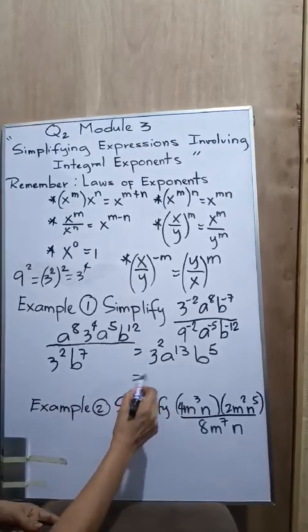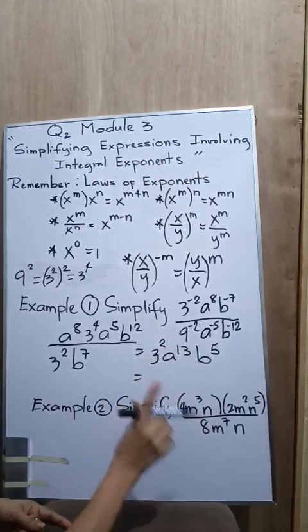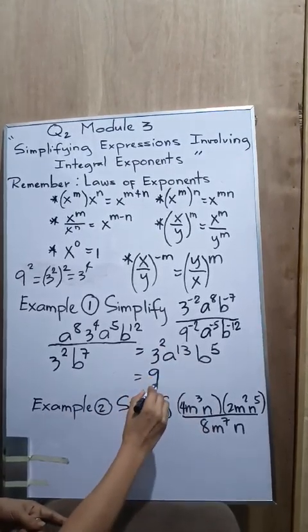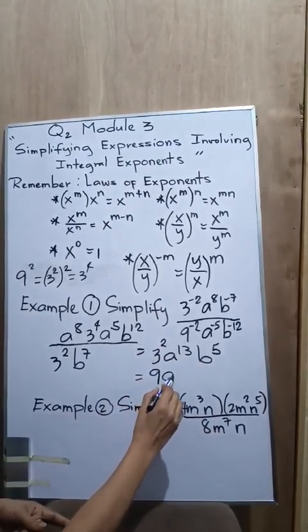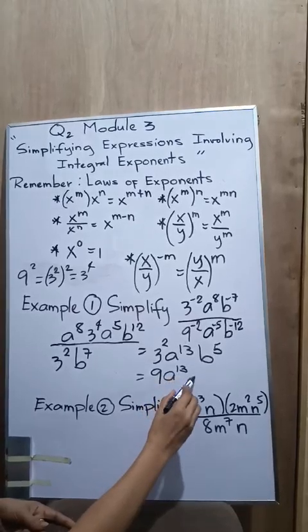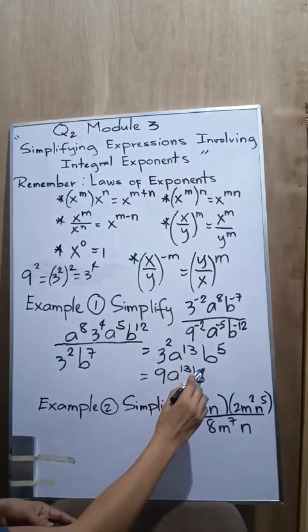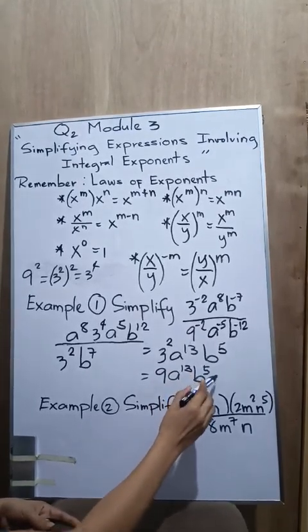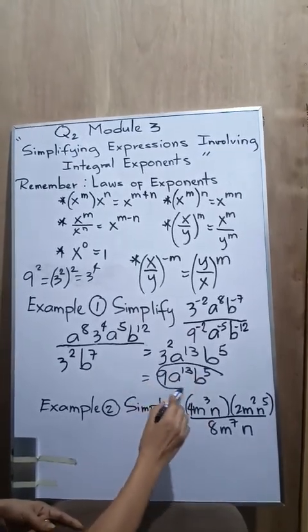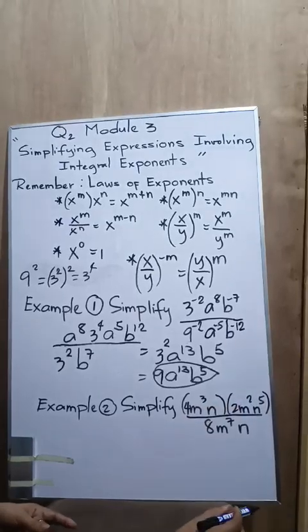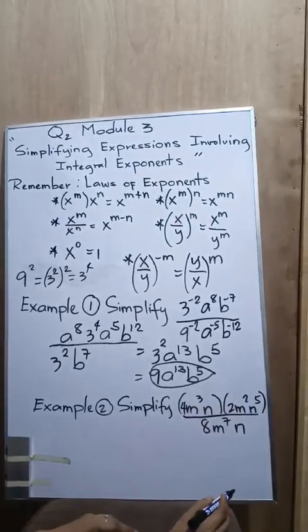And of course, the final answer, we have to get the 3 squared, that is 9. A to the 13, b to the 5. So this is your final answer. 9, a to the 13, and b to the 5.